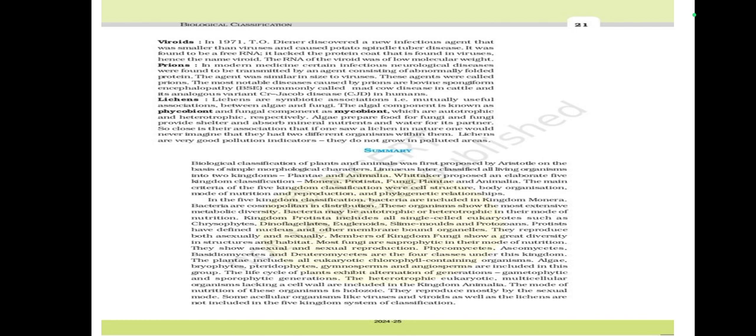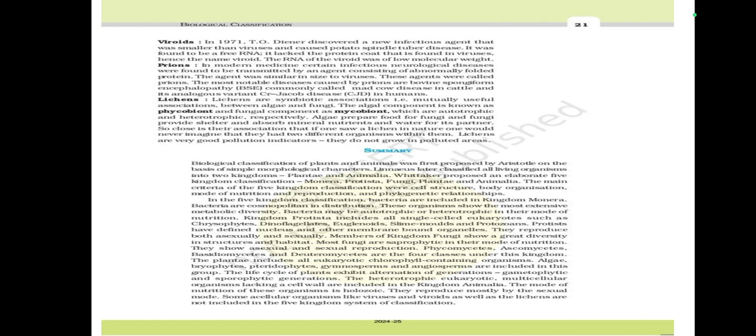Lichens are symbiotic associations, that is mutually useful associations between algae and fungi. The algal component is known as phycobiont and the fungal component is called mycobiont, which are autotrophic and heterotrophic respectively. Algae prepare food for fungi, and fungi provide shelter and absorb mineral nutrients and water for their partner.